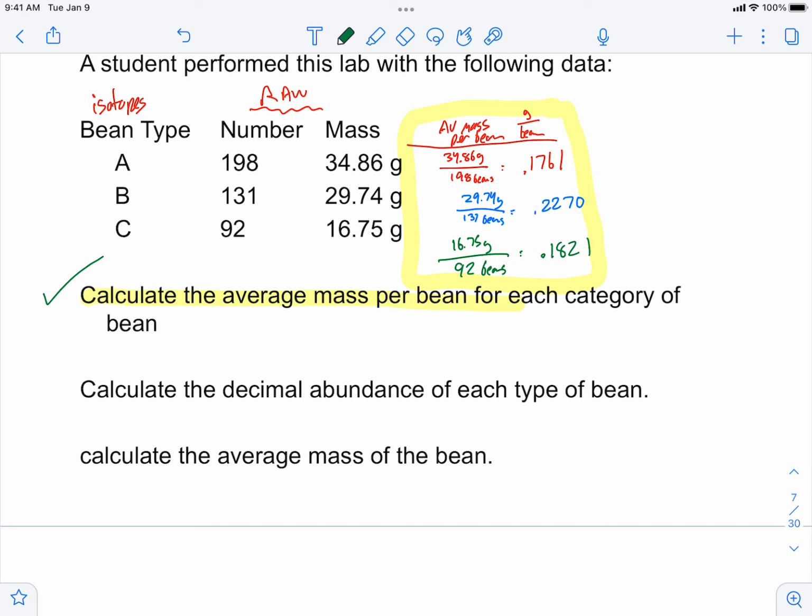Next, calculate the decimal abundance of each type of bean. Okay, we should know how to do this because we just did an example of that, right? The abundance in decimal form. In order to find the abundance in decimal form, what is the first thing you need to do? The total number, right? So our total number of beans is 421, which means our abundance is going to be 198 over 421.